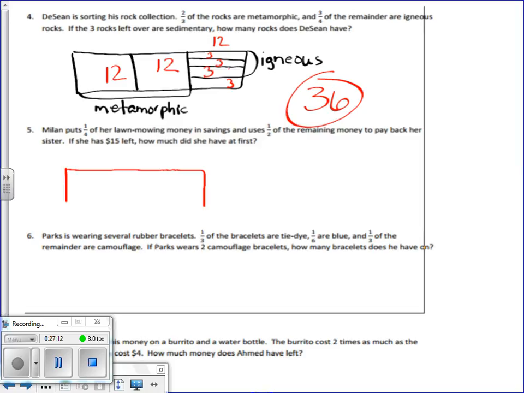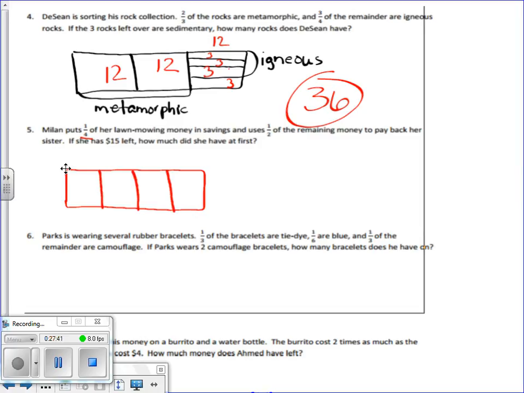So we know, hopefully this won't sound too confusing. It's supposed to be $40. First off, there are 4 sections in your tape diagram. Listen, please. 4 sections.